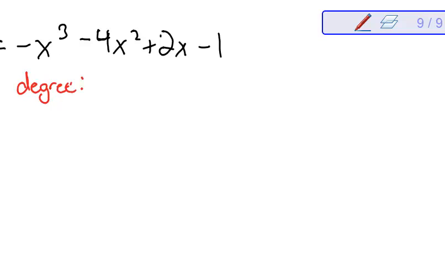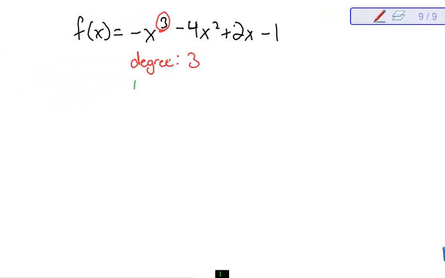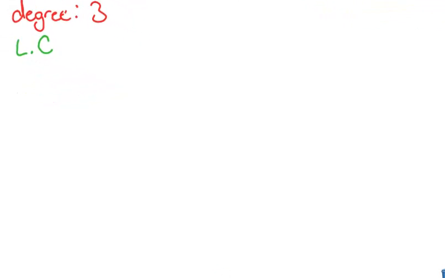My degree is 3, my largest exponent. Okay. What is my leading coefficient, or my a? Is it positive or negative? Well, if this is for my degree, this number is for my leading coefficient, and so it's going to be negative.